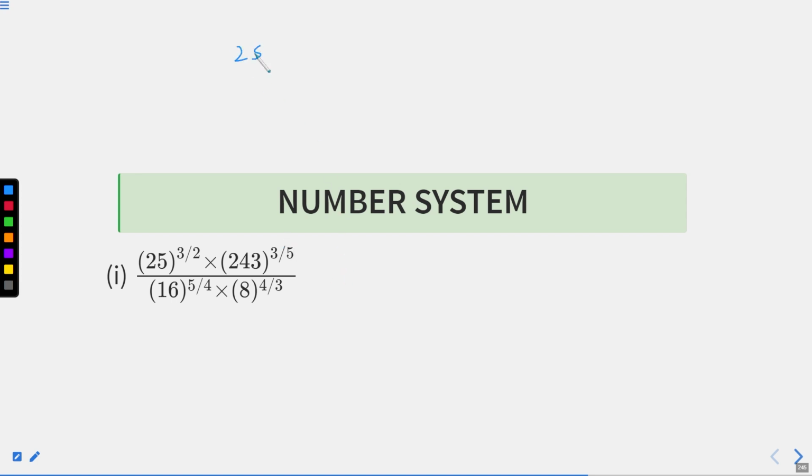So 25 raised to the power 3 by 2. Okay, if you remember, I can give 1 by 2 inside, or just don't do the long method. Let me give you a short one. So 25 is 5 times 5, you all know, and 5 times 5 is 5 square, and 3 by 2 is already given.